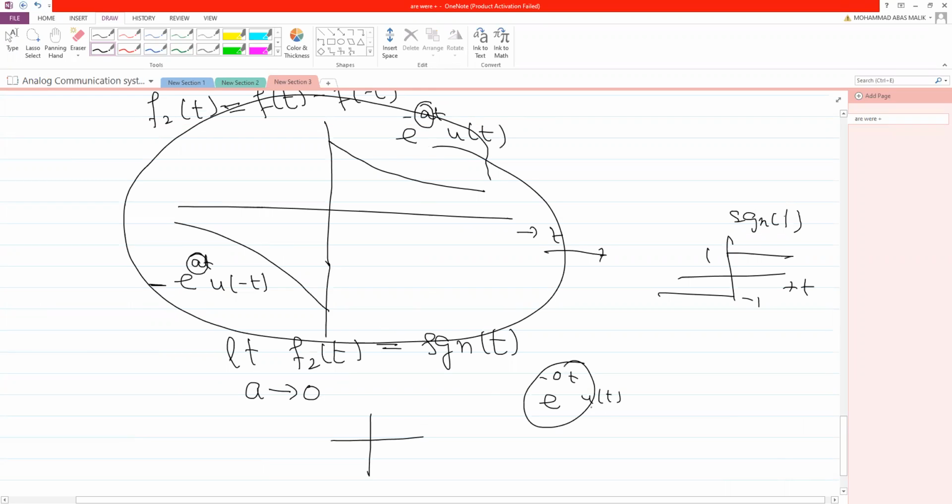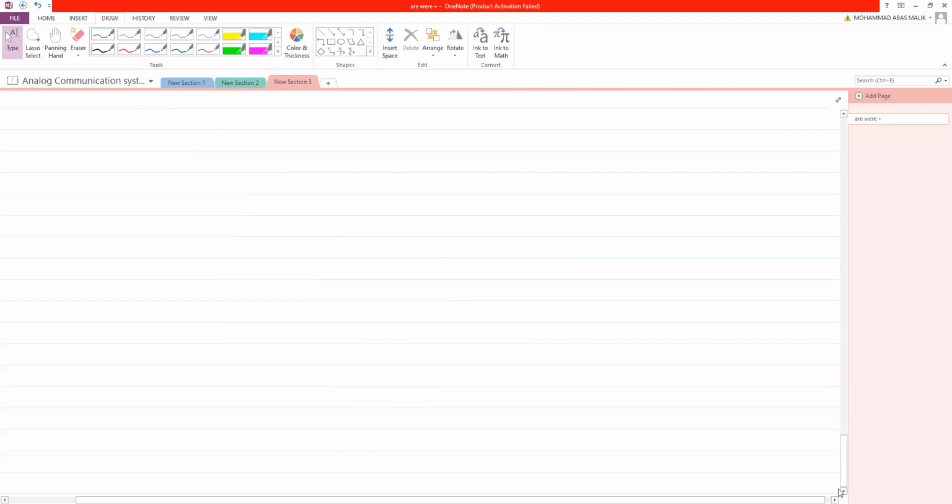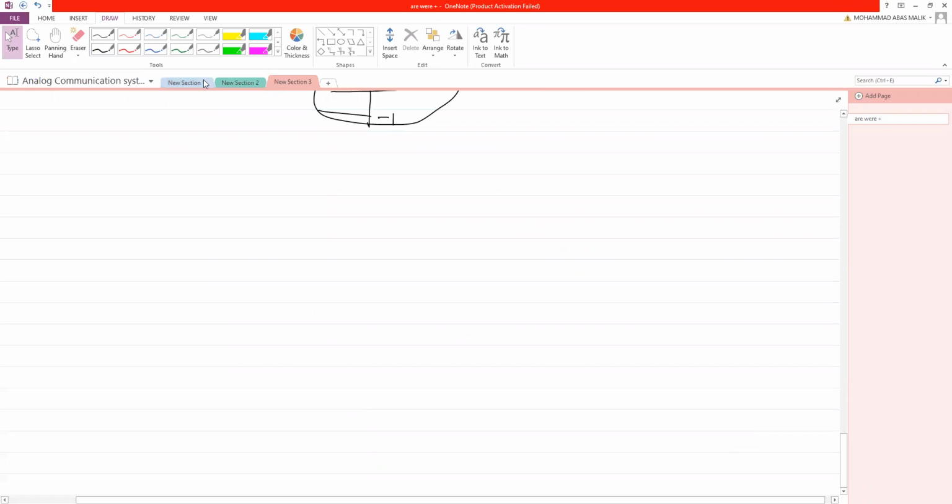E raised power 0 is 1, so this will be equal to 1 into u of t, and similarly this will be minus u of t. So this is nothing but signum of t. So you can conclude that if you put the limit of a tends to 0 in case of f2 of t, then this will be equal to signum of t, right? Yes, sir.